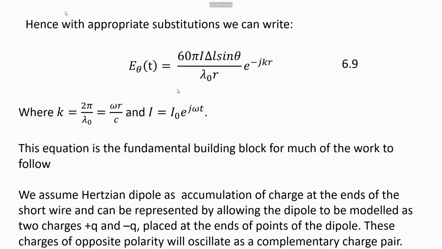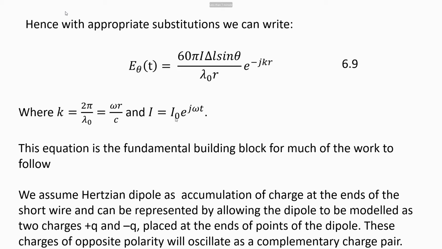Generally, if we want to use some kind of practical expression, we can see that after some substitution and simplification, here you can see the 6.9 expression. The K can be rewritten like this.